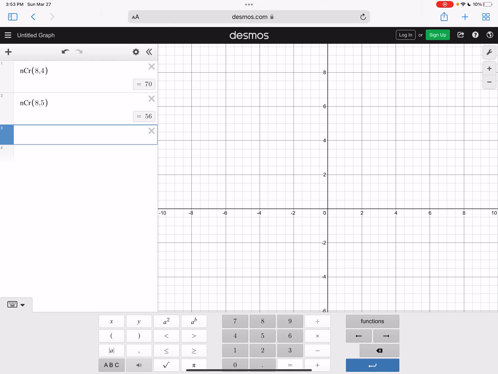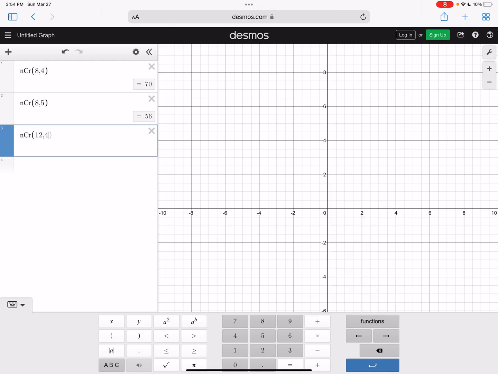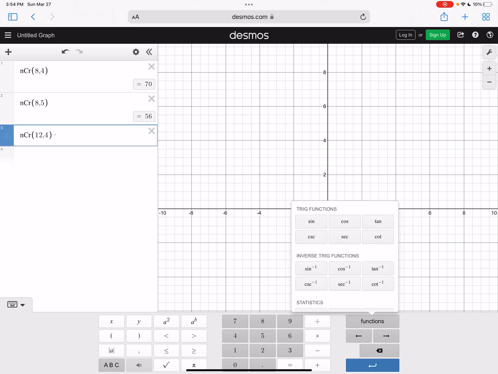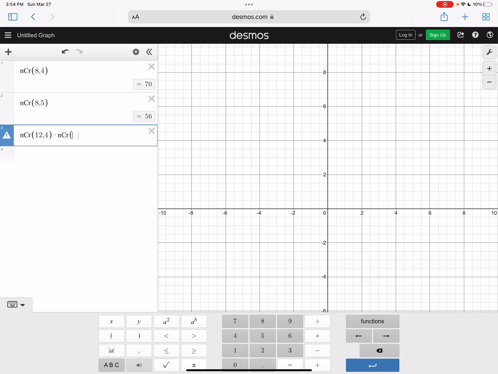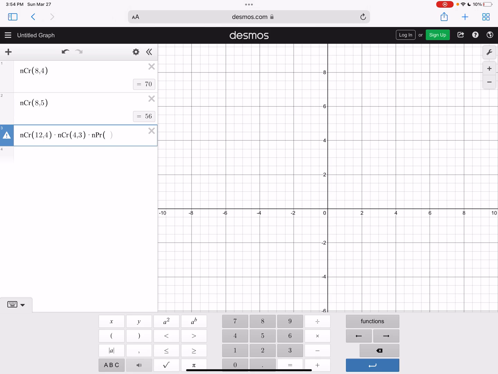So first I'm going to do combination 12 choose 4 times, then I'm going to do combination 4 choose 3 times, then I'm going to permute those 7 letters that I chose.